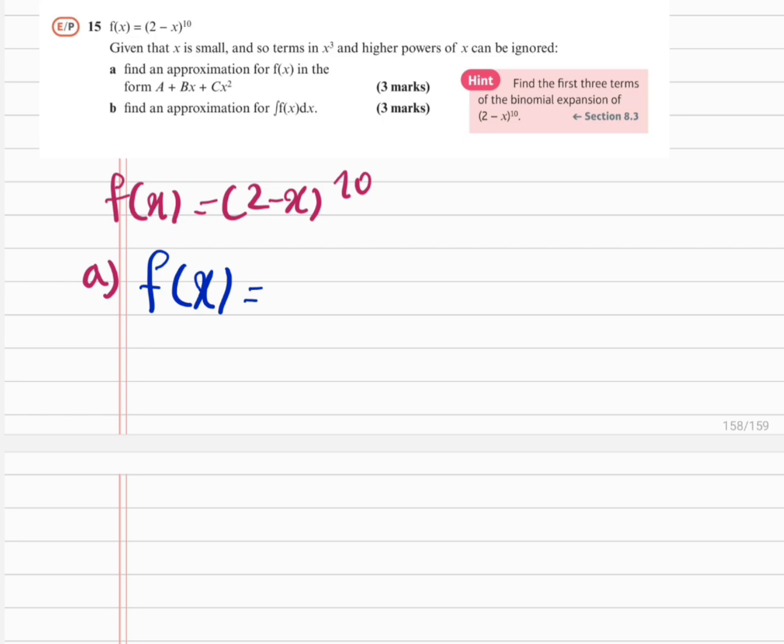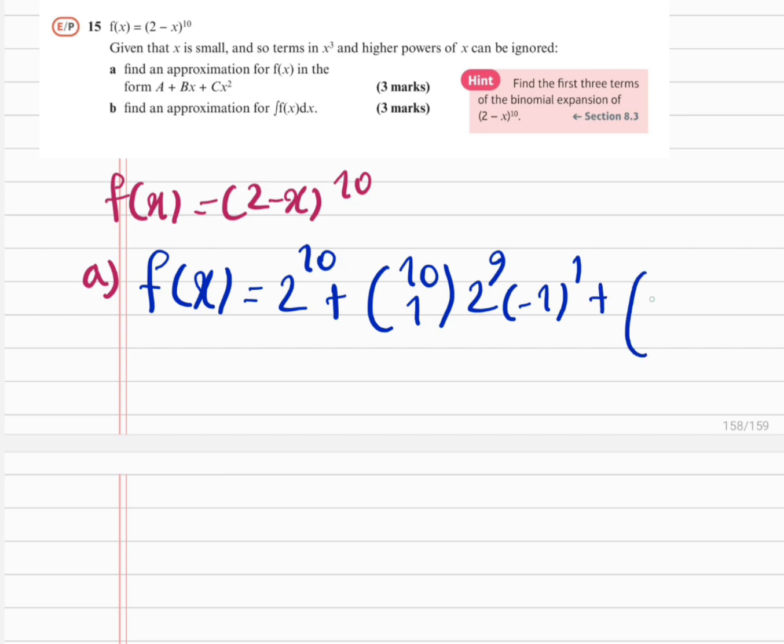From the binomial expansion, the first term is basically the first term in the bracket to the power of 10, and then for the second term we use 10 choose 1, 2 to the power of 9, but now we have the second term to the power of 1, so the sum of the powers must be equal to the total power.